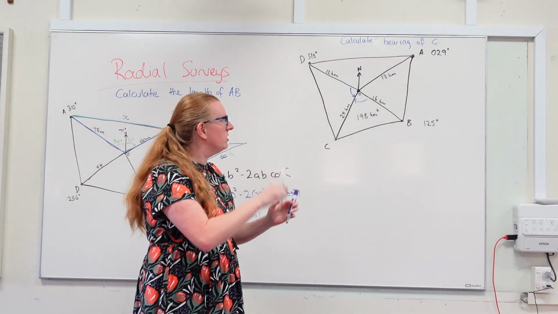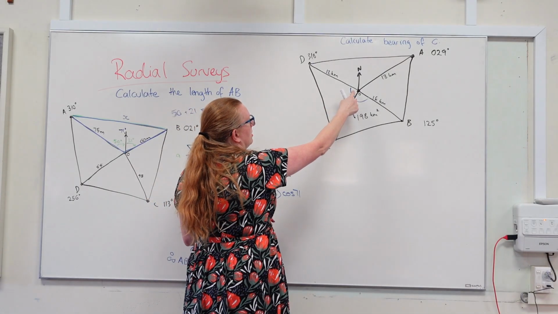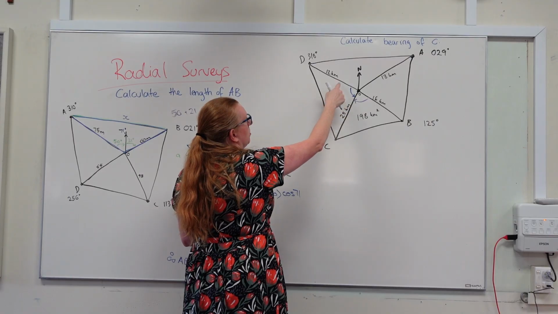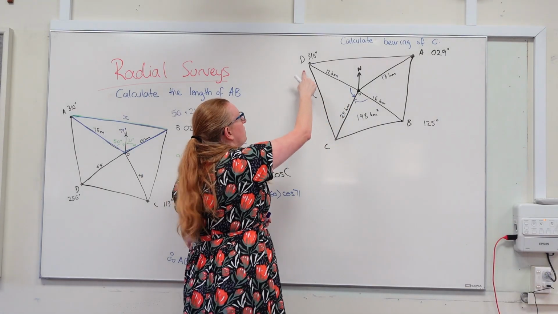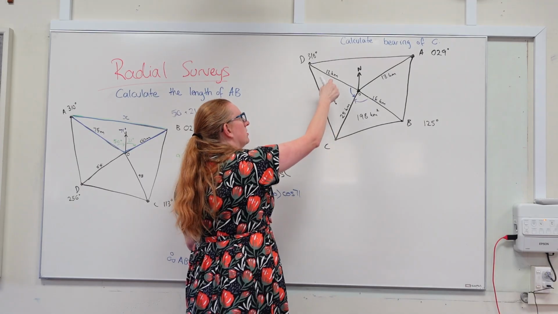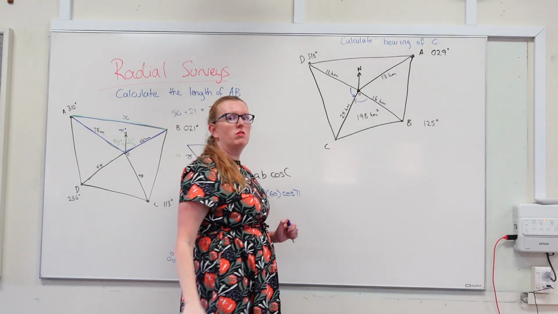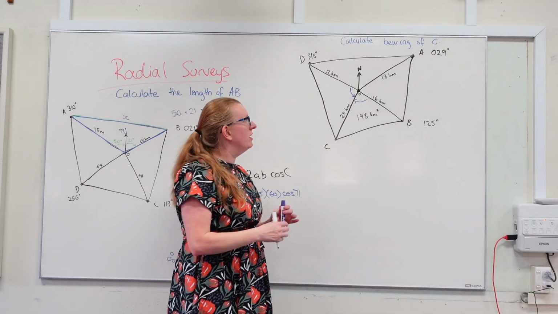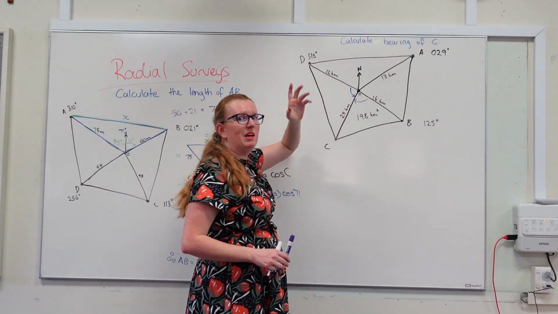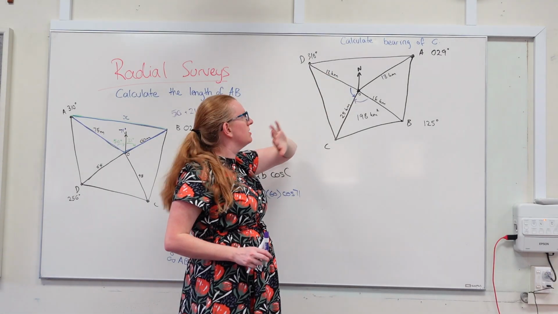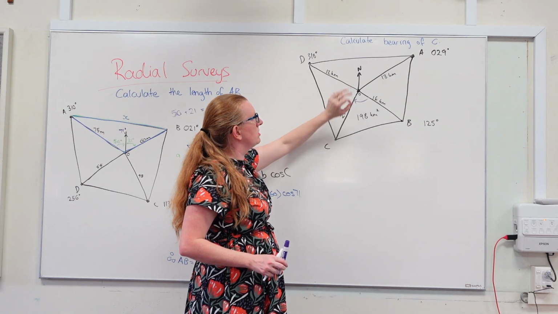Okay, so let's explore the blue part. If I were to find this angle, I would need to have more information in here. I could use the cosine rule if I had a length for this side, because I could go side, side, side to find the angle, but I don't have enough. Could I use the sine rule? No, because I don't have any matching pairs to be able to use. So I can't use this angle in here. There's not enough information in my question.